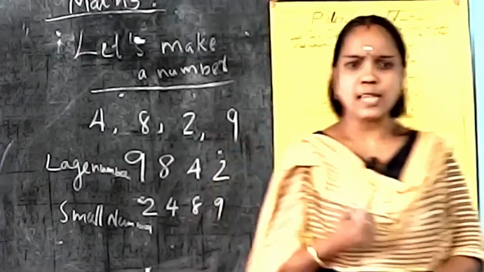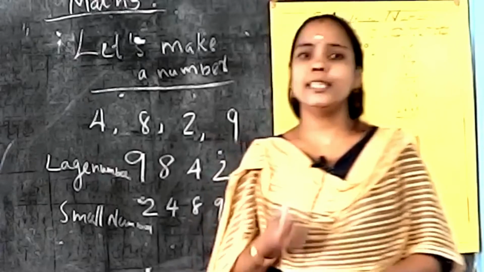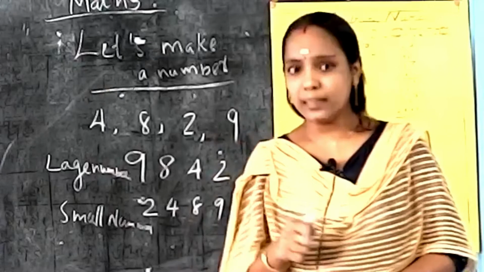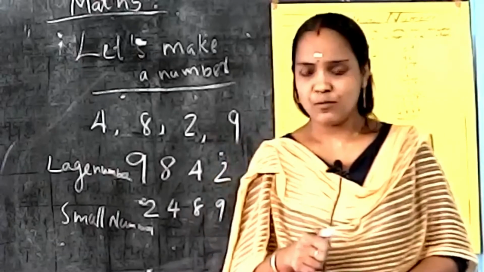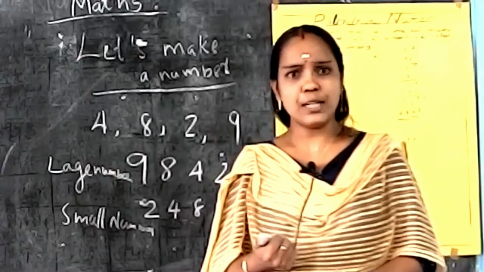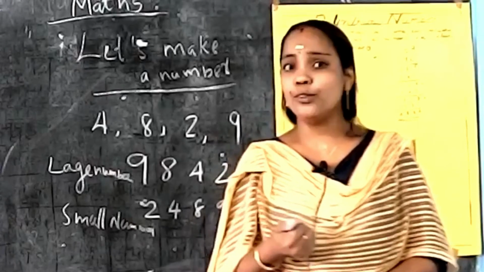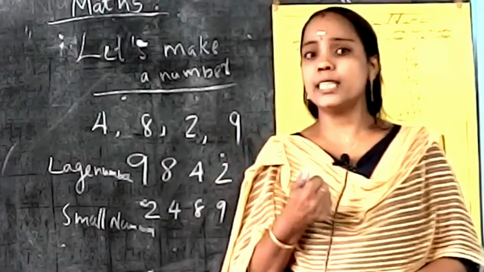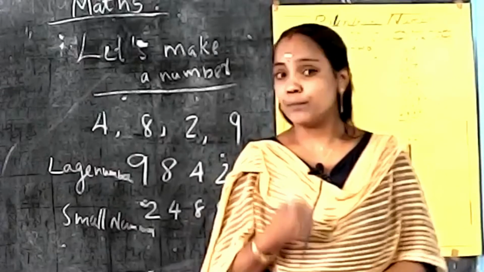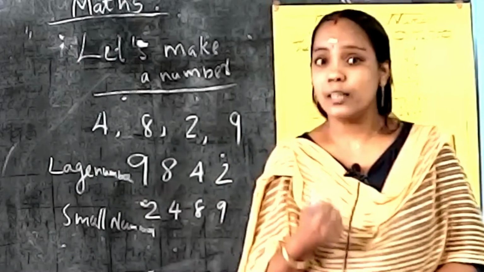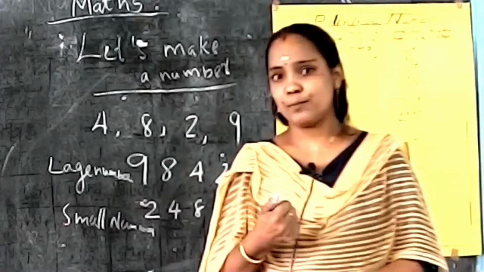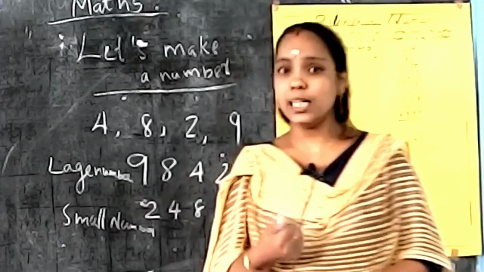When those numbers are added, you get the answer. That is called a sum. What is the difference? When you subtract those numbers, you get one answer, that is called the difference of those numbers.